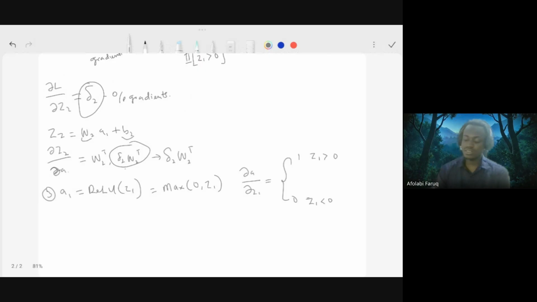I will call this the indicator function. I believe it is easily understood from the ReLU graph that we have.